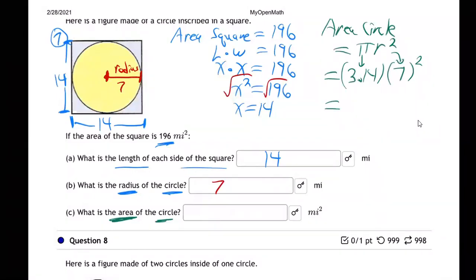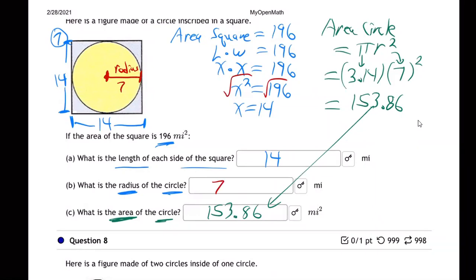So it is 3.14 times 7 squared. I'm getting 153.86. That must be the area of the circle inside of the square.